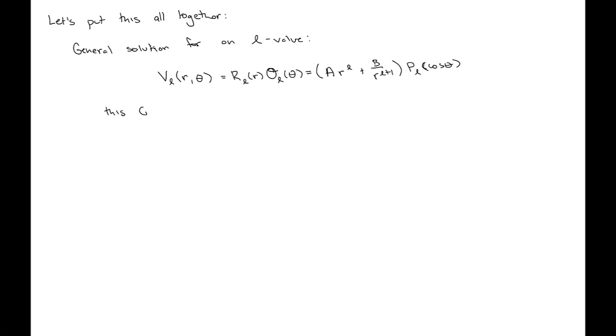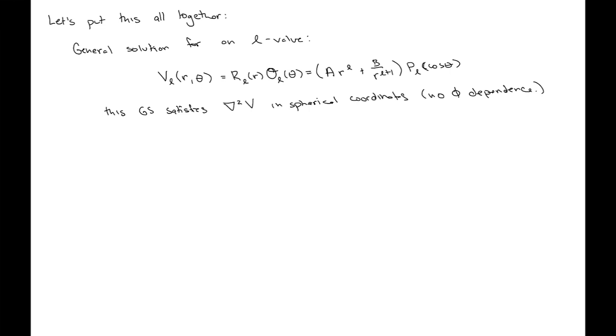I know that this general solution satisfies Laplace's equation in spherical coordinates as long as I can assume that there is no phi dependence. So we found a really nice general solution for this particular problem.